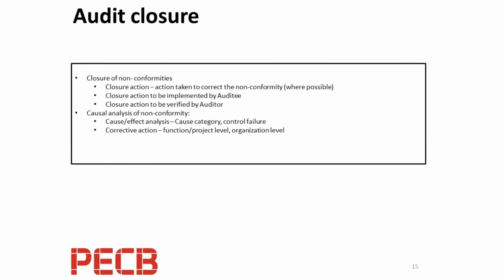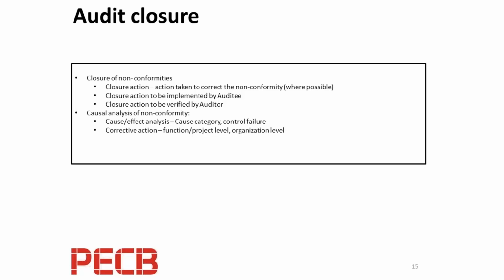So of course, closure of the audit. The closure of a non-conformity, closure actions: the actions taken to correct the non-conformity wherever possible. The closure actions are to be implemented by the auditee team, and then the closure actions have to be verified by the auditor to see, yes, they have done the root cause analysis and this non-conformity can be closed.